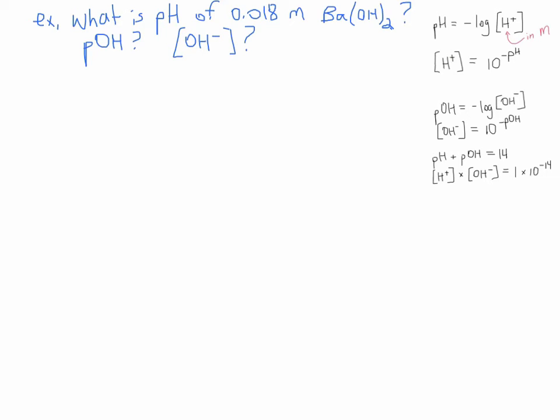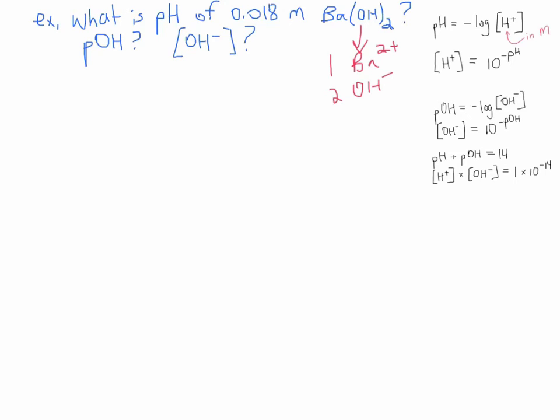Now, when we calculate the pH of bases, it's always going to require an extra step. And so what you want to first think about after identifying that it's a strong base is the ions present. So when BaOH2 comes into solution, it's going to break up into one Ba2 plus ion and two OH minus ions. Forgive my handwriting, please. So again, we've got one Ba2 plus ion because there's only one Ba here, but there's two OH minuses.